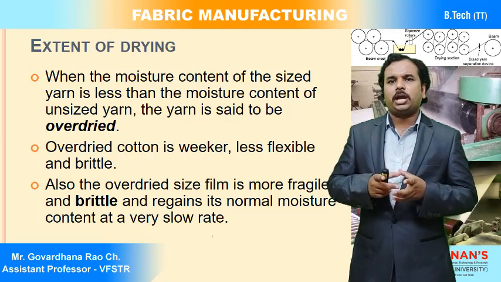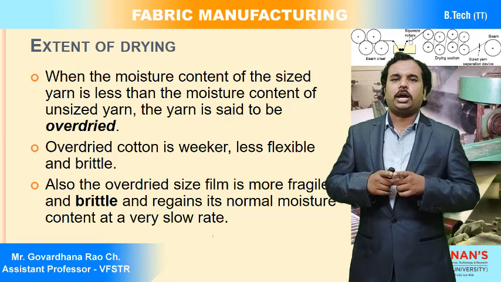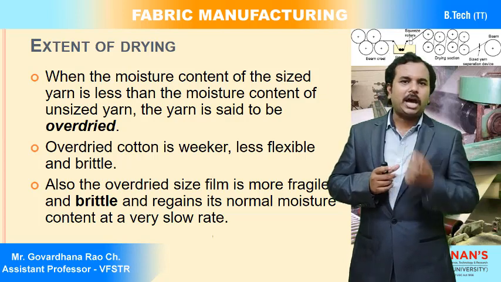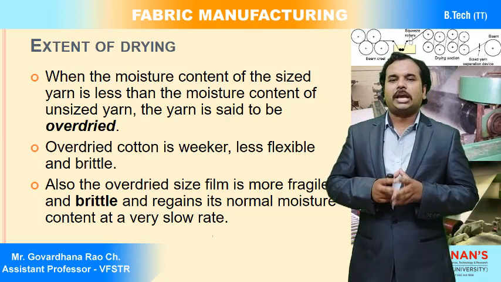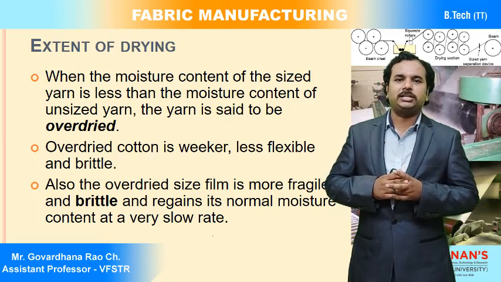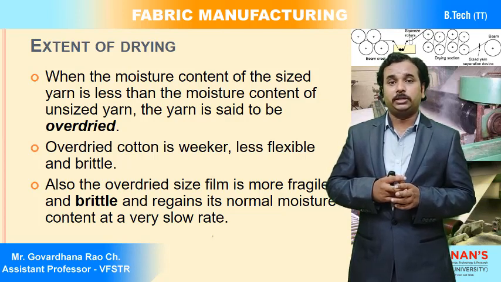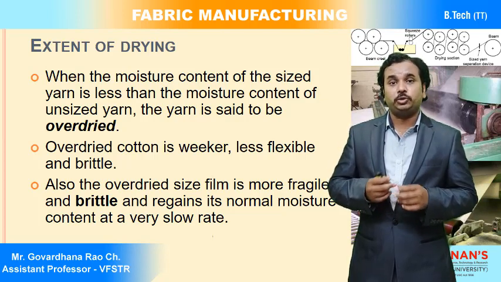Now metal to yarn abrasion is going to occur. If the yarn has brittleness, the size film on the top of the yarn surface is going to be removed in the weaving elements zone.